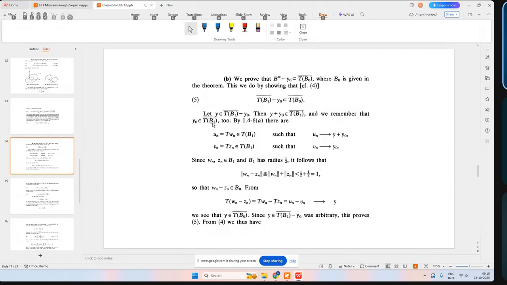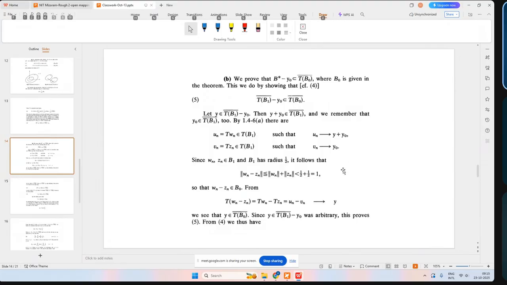So there is a sequence in TB1, call it un equal to Twn, that will converge to y plus y naught because it is in the closure. If you have a point in the closure, then there is a sequence from the set which will converge to it. That's what is used. Similarly, vn equal to Tzn, which is in TB1, such that vn goes to y naught.